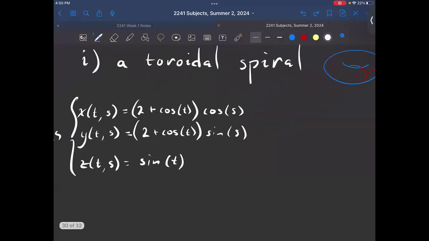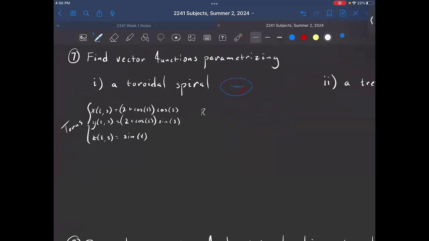So relate t and s, and we actually want to do this linearly to get a nice, smooth, constant spiral.